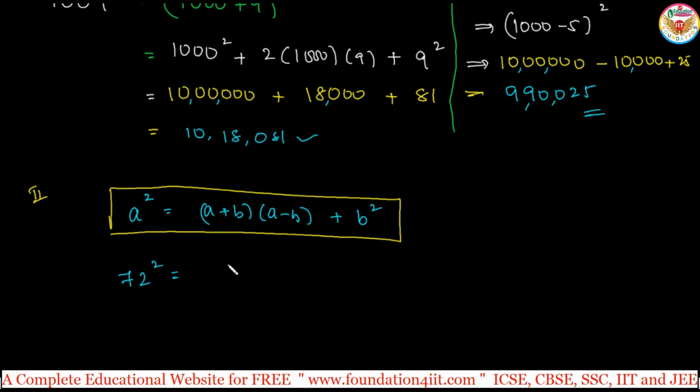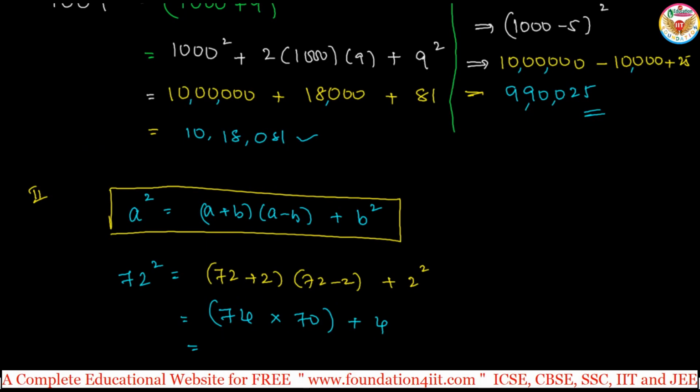In the place of b, 72 plus 2, again 72 minus 2. The 2 is extra, apart from 70. That number you can add and subtract, plus 2 square, because I took 2 as b. Calculating in mind, 72 plus 2 is 74, 72 minus 2 is 70. This is one set, and 2 square is 4.